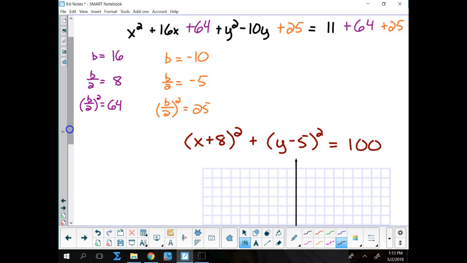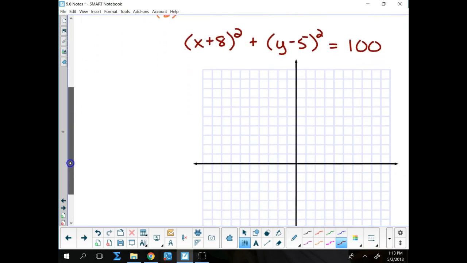Which is the standard form of our circle, right? So now we can go through and graph it. So the center of my circle is where? Negative 8 comma 5. So I go 2, 4, 6, 8 to the left and 2, 4, 5 up from there.